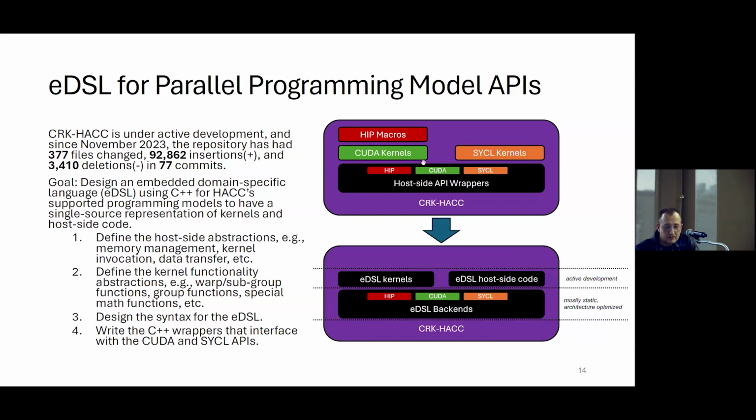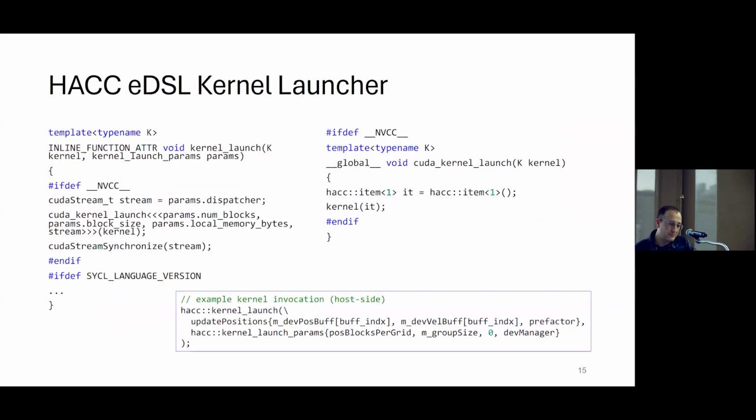The hope is that this picture, where we have independent CUDA kernels and SYCL kernels, gets turned into something that is written once, right? So we have EDSL kernels where every specific API call is wrapped in some kind of C++ wrapper for HIP and CUDA and SYCL.